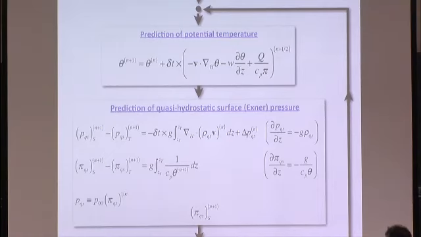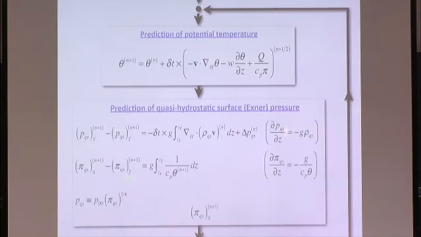It doesn't look that impressive now, but when we were doing this work, it was difficult. So in the second step, now we know potential temperature. So we integrate this equation upward, and we obtain the difference of external pressure at the surface and at the top for the next time step.